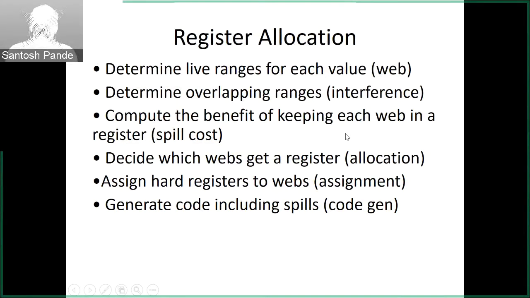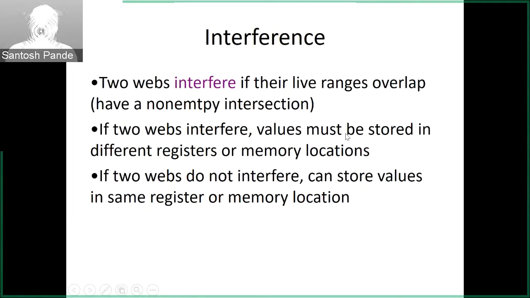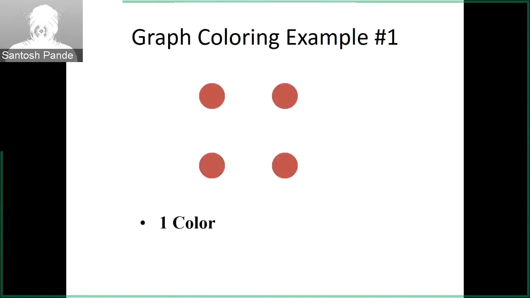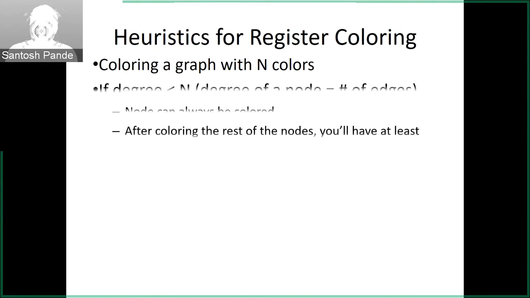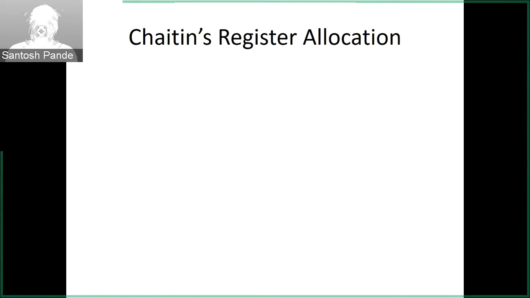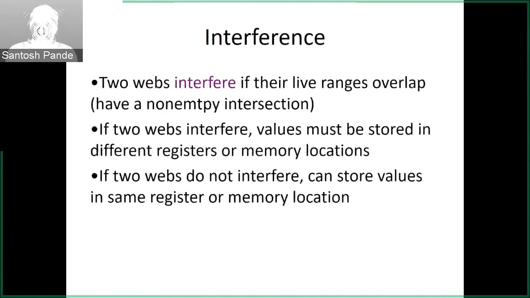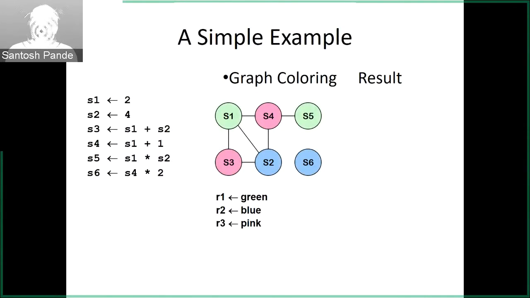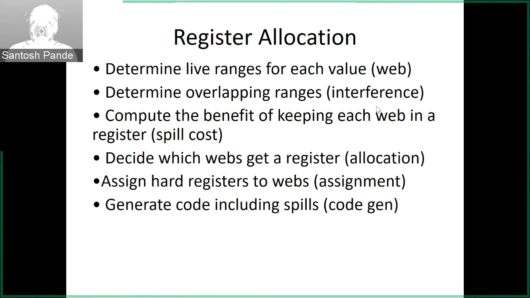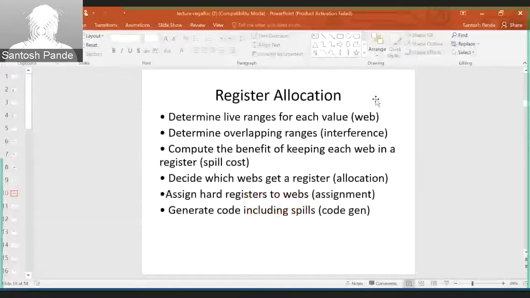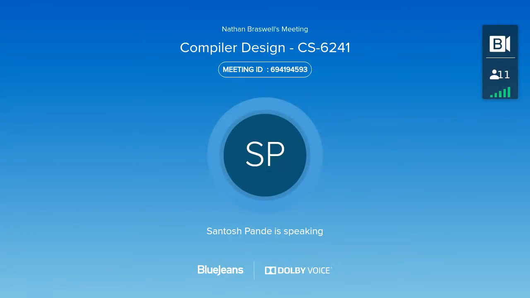So let's shift gears, and before we get into the coloring, we will do the generation of the live ranges and formation of webs. So let me switch gears here and open another presentation.